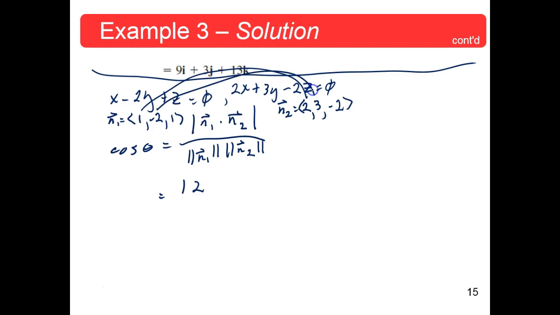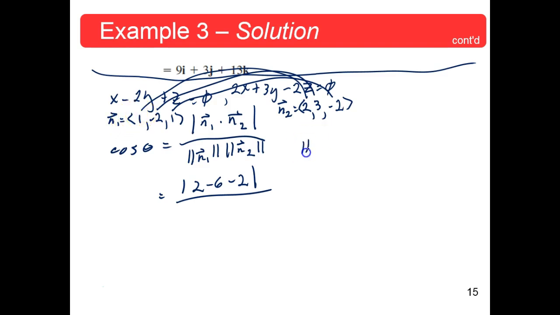Y component times y component, minus 6, and z component times z component, minus 2, okay, divided by, we need to get the magnitude of n1.